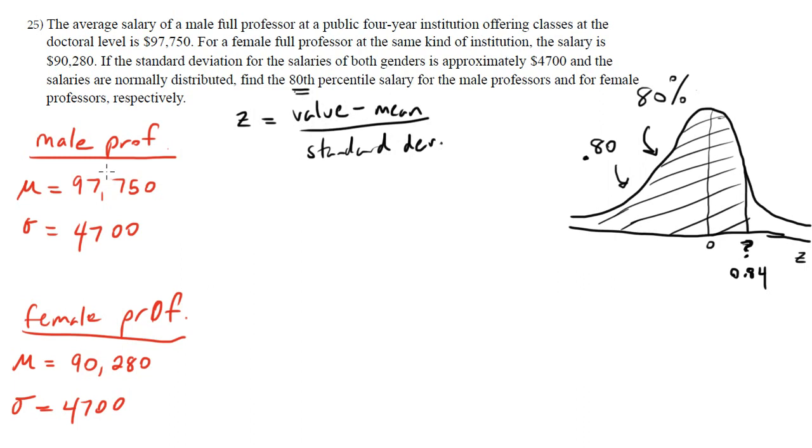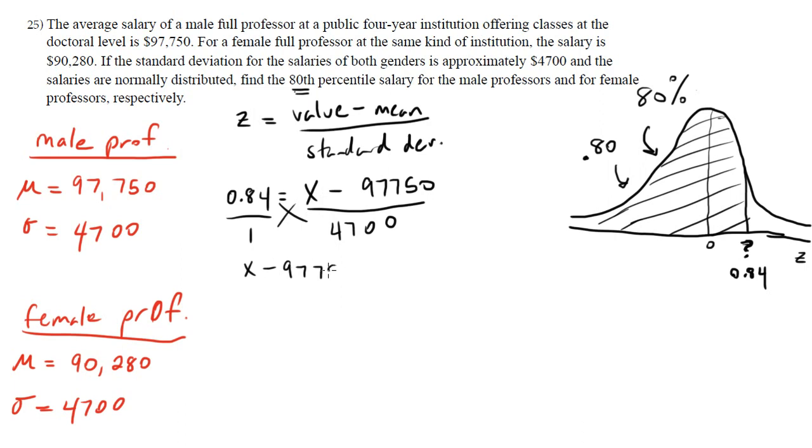We're attempting to determine the value for each of these using this Z-score of 0.84 that yields that 80th percentile. So 0.84 equals the value, which we don't know, minus the mean, divided by standard deviation. I'm going to cross multiply just like problem 24. So I have x minus 97,750 equals 4,700 times 0.84.